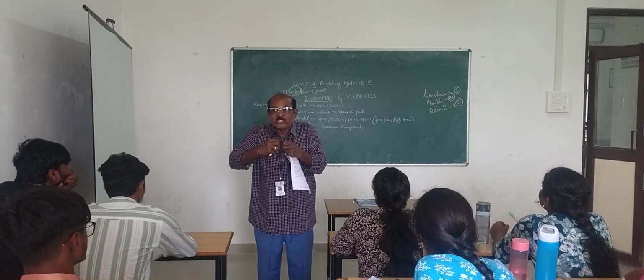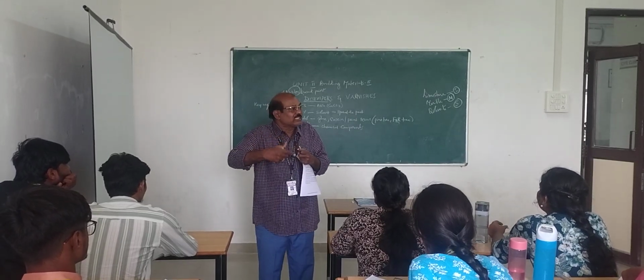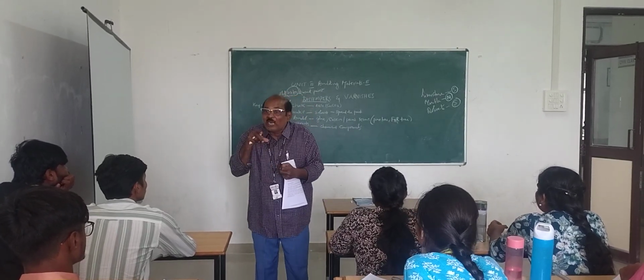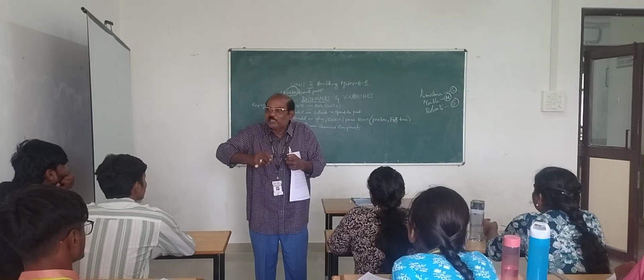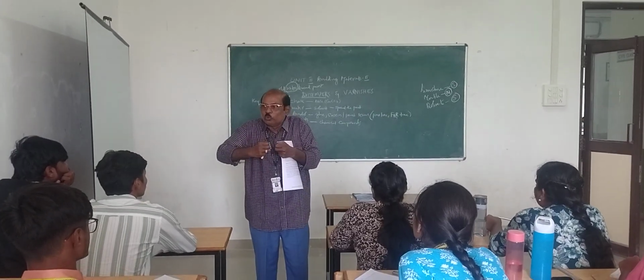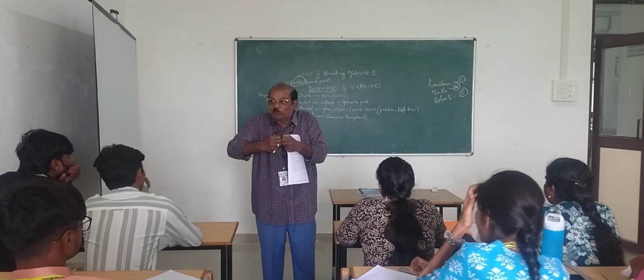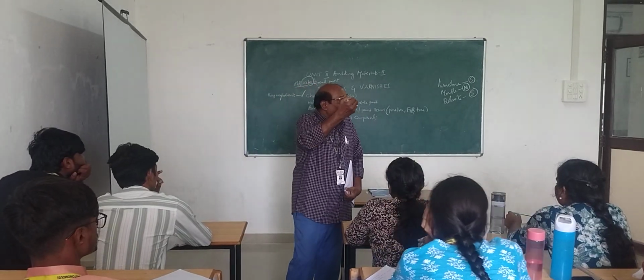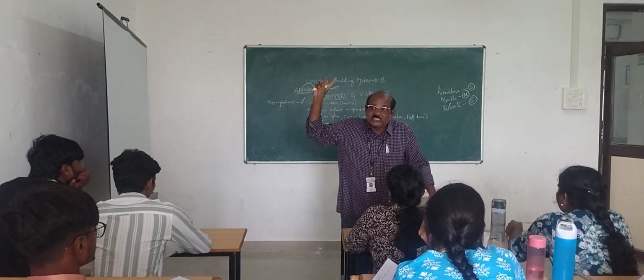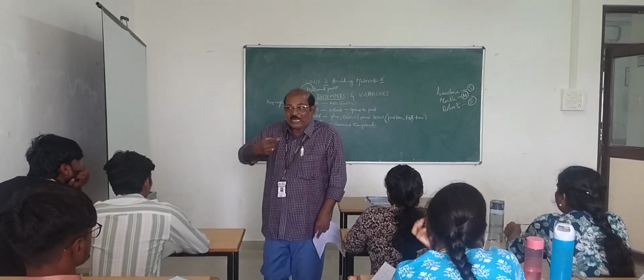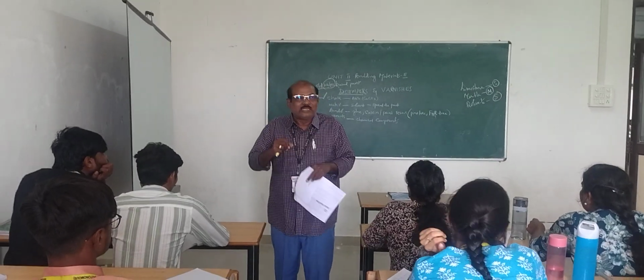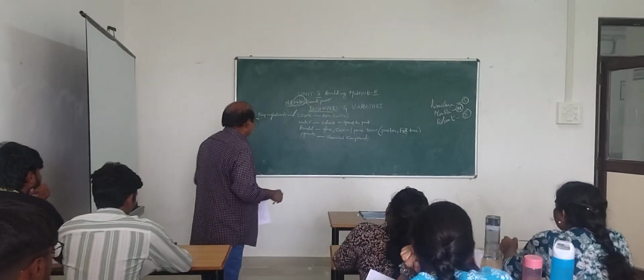That means friction is more. So once again you will get still finer powder. Even if you are not satisfied, you tighten the screw again, and the blades come very close. Then you will get the fine powder. Similarly here, in grinding, you have to tighten the screw till you get the fine powder.